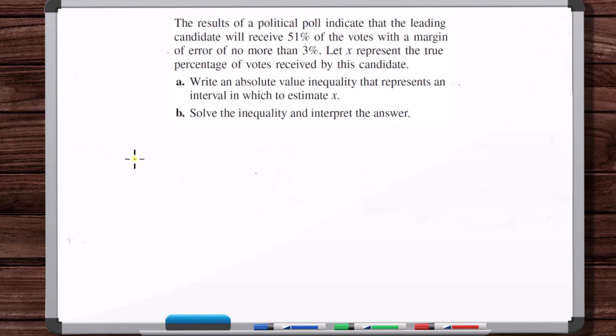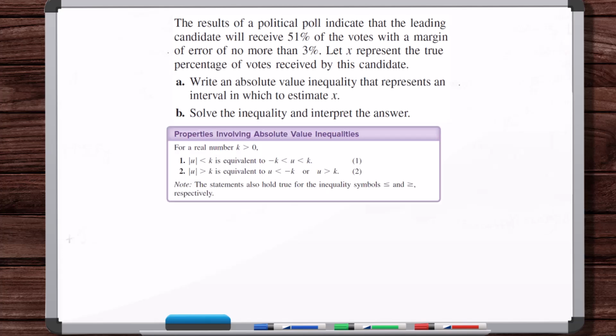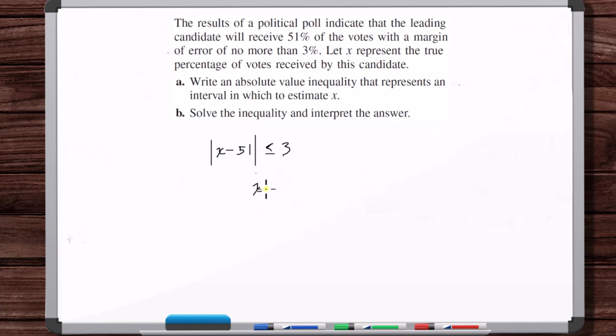All right, so the actual percentage received minus 51, the difference between that percentage and 51, just the absolute value, no more than. So this will be less than or equal to 3. Okay, so we'll use property 1 here. Absolute value of X minus 51 less than or equal to 3.